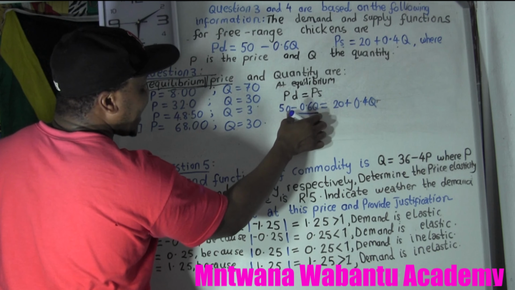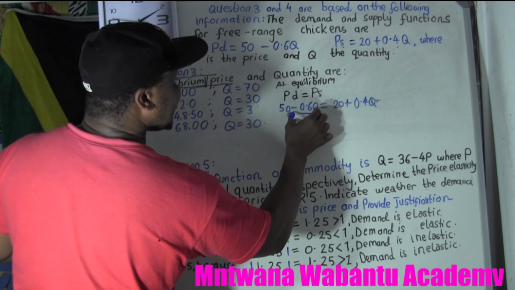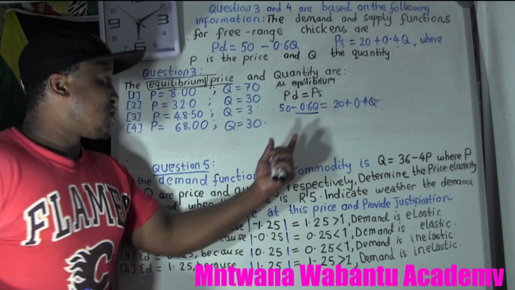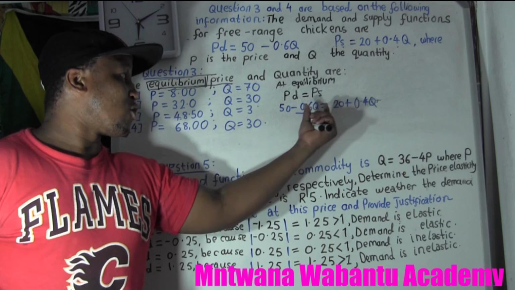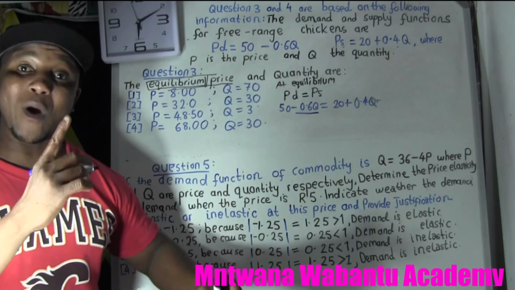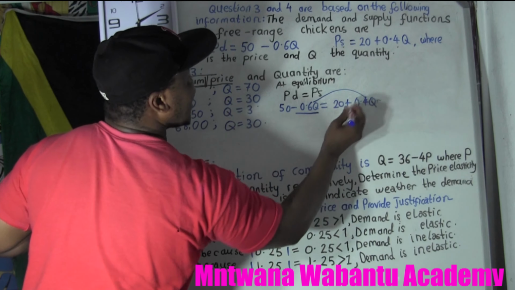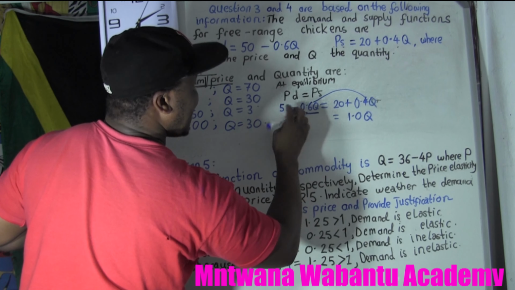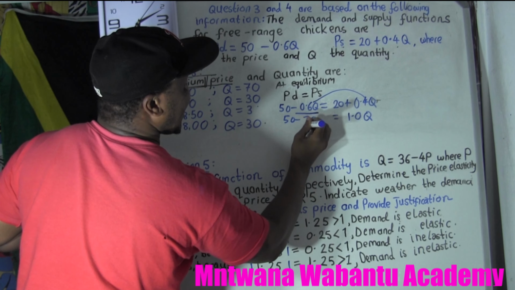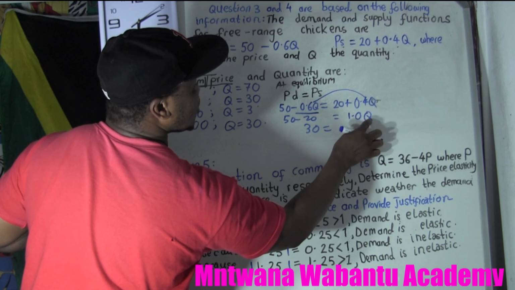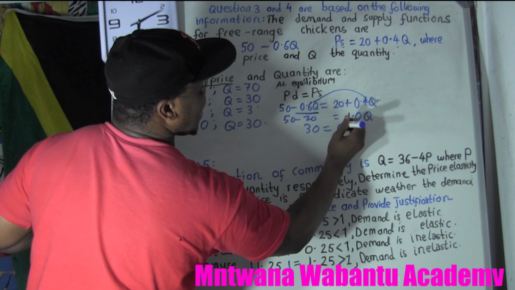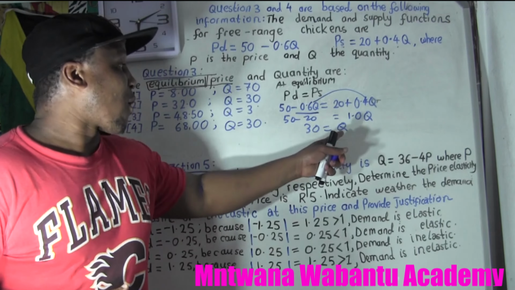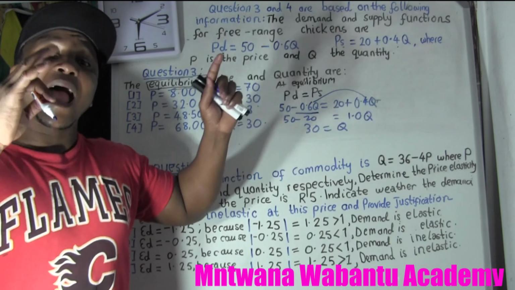The negative 0.6Q goes over the equals sign and becomes positive, so 0.4 plus 0.6 gives 1.0Q. Then 50 minus 20 gives 30. 1.0 times Q is just Q, so the quantity at equilibrium equals 30.